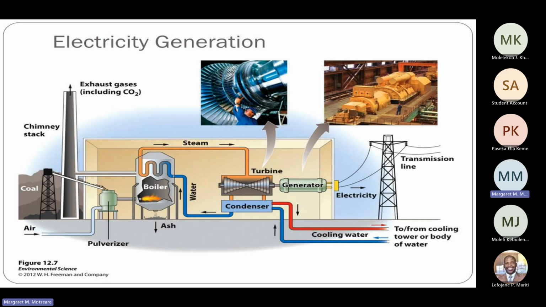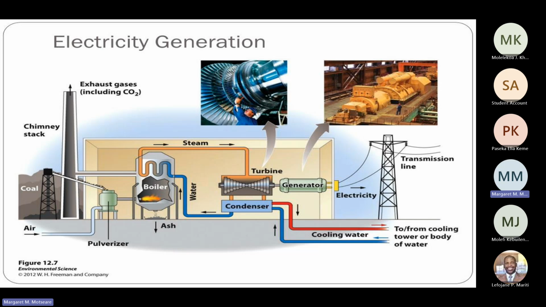But that water or the steam doesn't get lost. It means the steam will go into a condenser, and the condenser is going to cool the steam, and then the steam is going to turn again into water, and then back to the boiler, and from the boiler, the steam again. So this is how the water is going to recycle around the boiler.